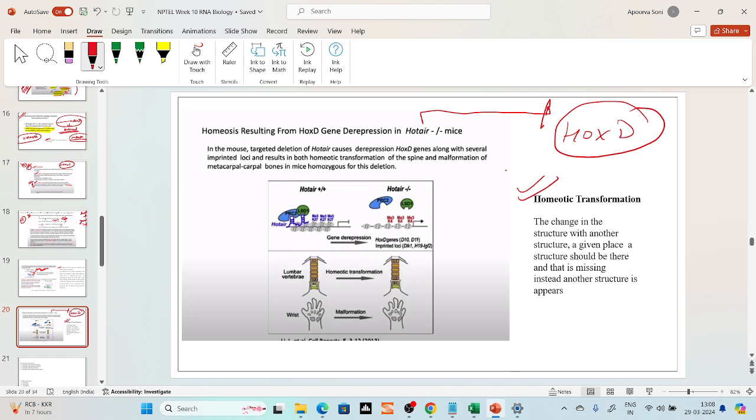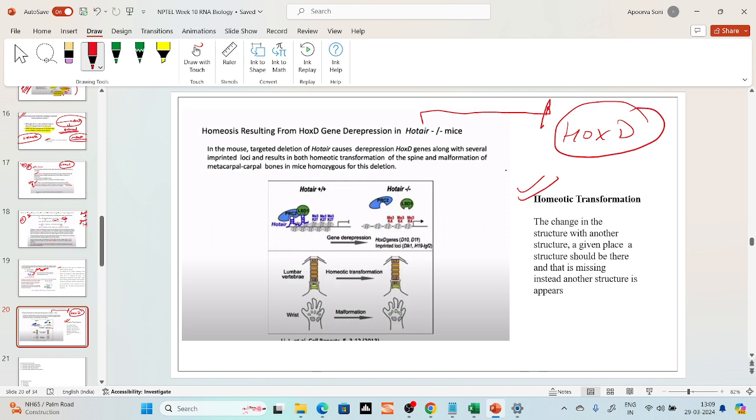If it has to form six vertebrae in this order, there would be some problem and it will form either more vertebrae or fewer vertebrae, or their sequence is different. There are some kinds of malformations that happen.